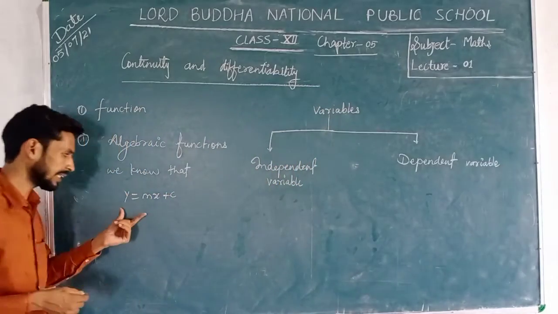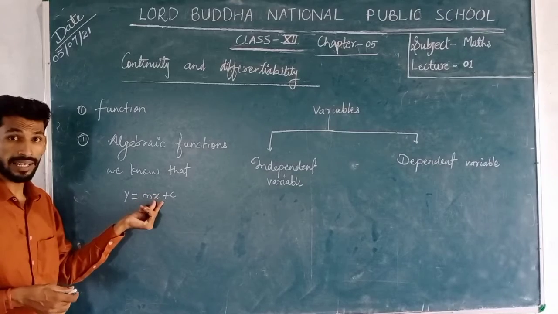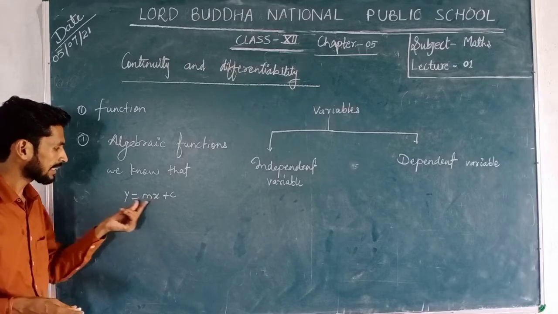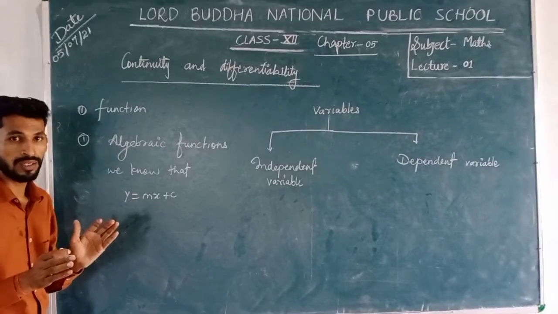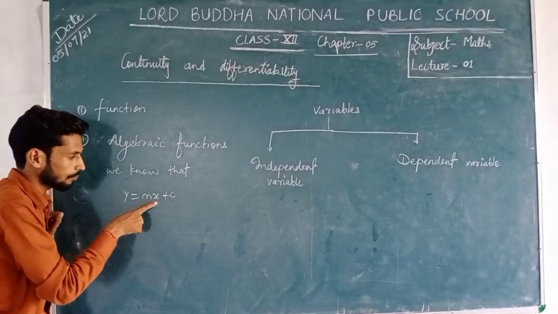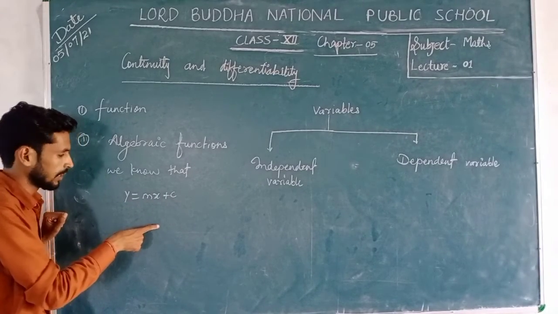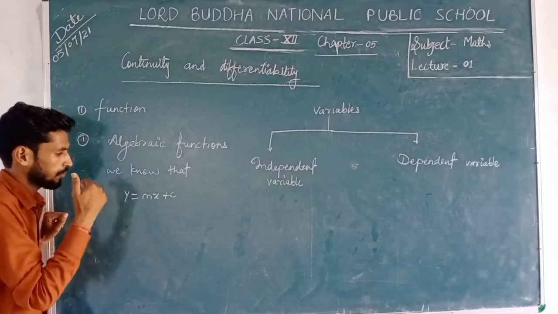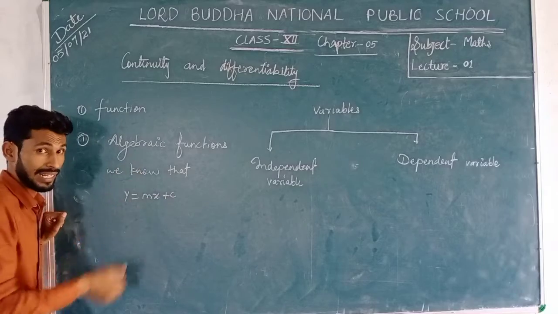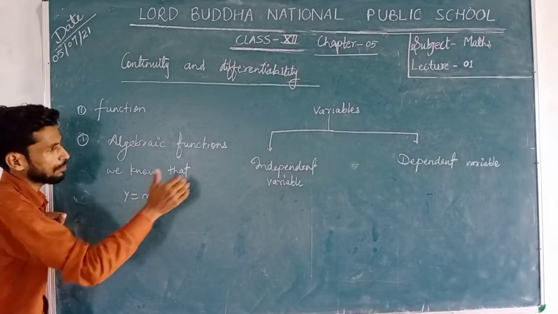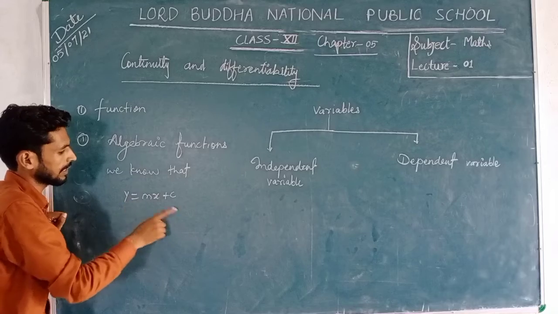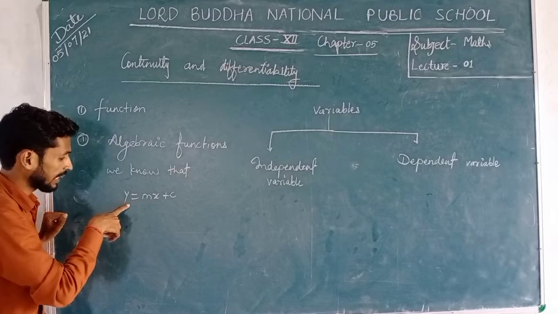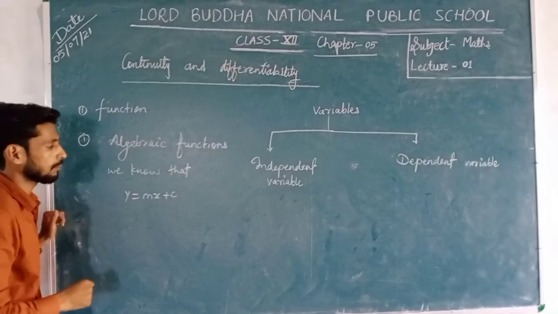For example, in this condition, x is the independent variable and y is the dependent variable, because x and y both are variables. If x is changed, then the value of y will also vary with the variable x. In this condition, y is the dependent variable.